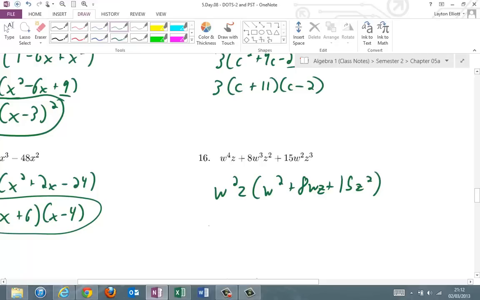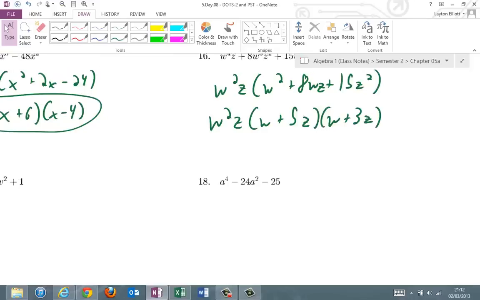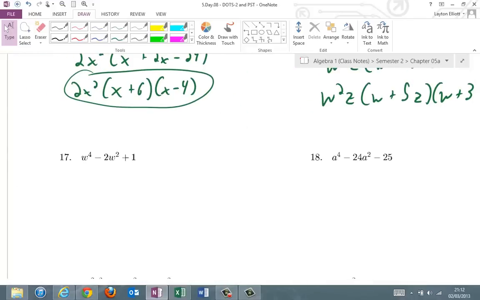Look at 15, look at 8. 5 times 3 is 15, so I have w squared z, then I have w plus 5z and w plus 3z. And that does get me to 8wz in the middle. So that works.